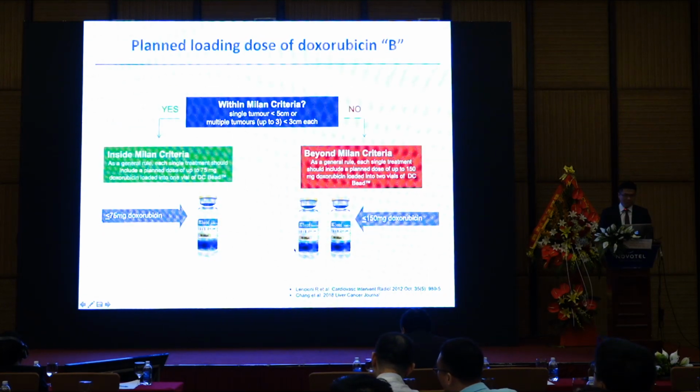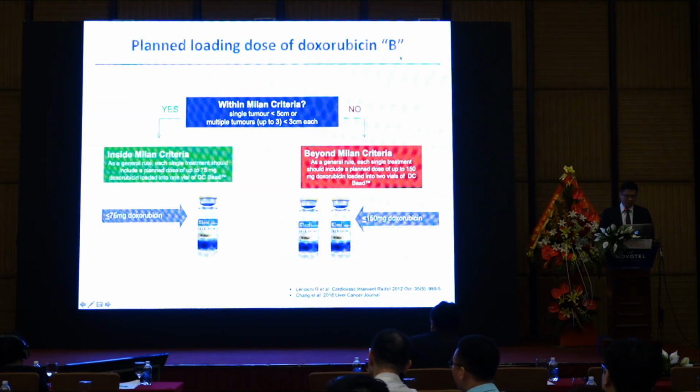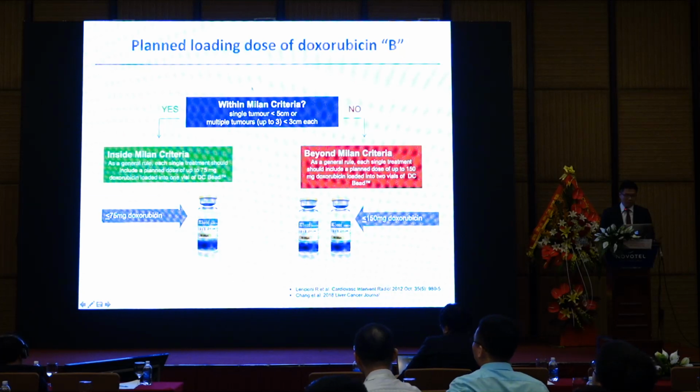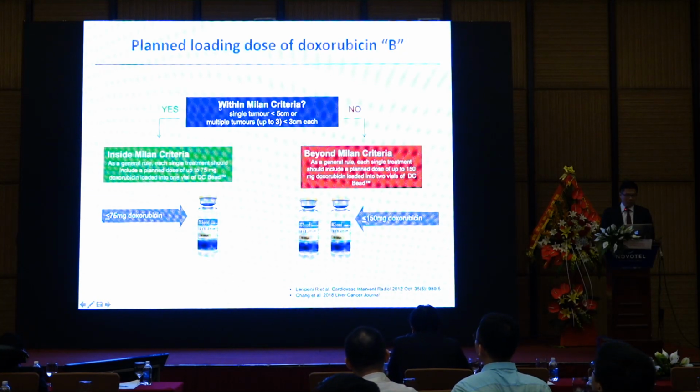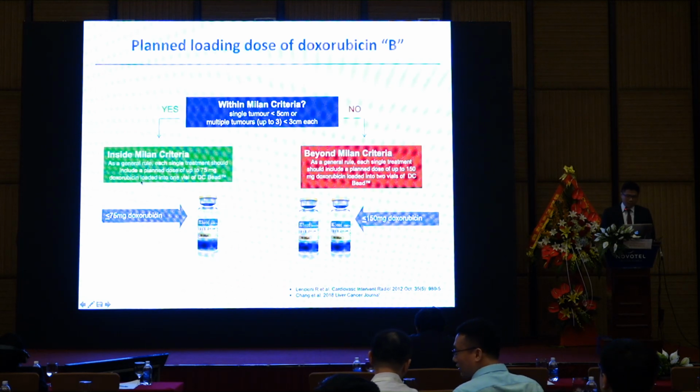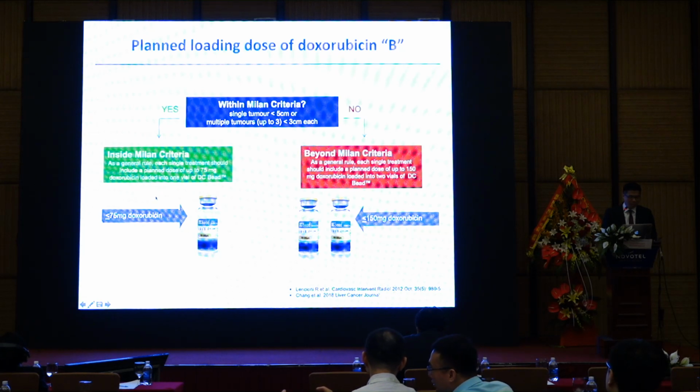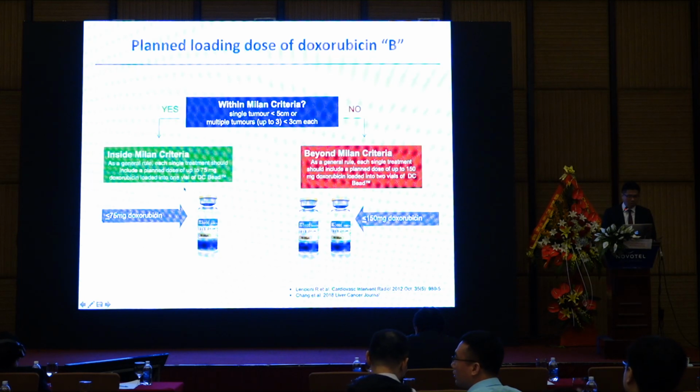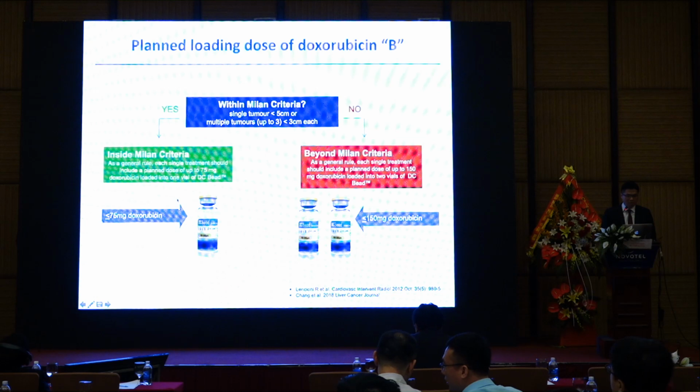So how about the planning dose for doxorubicin? The recommendation is grade B, based on the literature review and the consensus. For tumor stage within Milan criteria, we suggest that you can use 1 vial of drug-eluting beads, and the loaded doxorubicin is less than 75 milligrams.